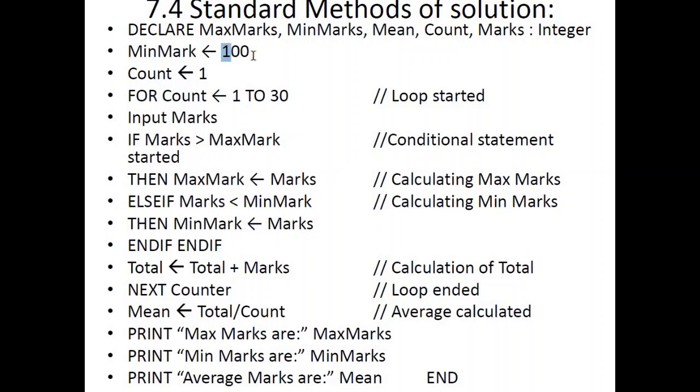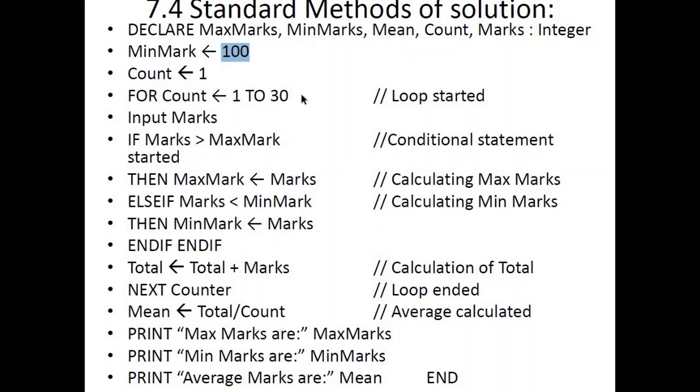Now over here, if this value is 0, and let's suppose that marks for the test are from 1 to 30, and the lowest marks a student got were, let's suppose, 5 out of 30. Then if min marks were initialized as 0, this check that if marks are less than min marks, then 5 would never be less than 0.